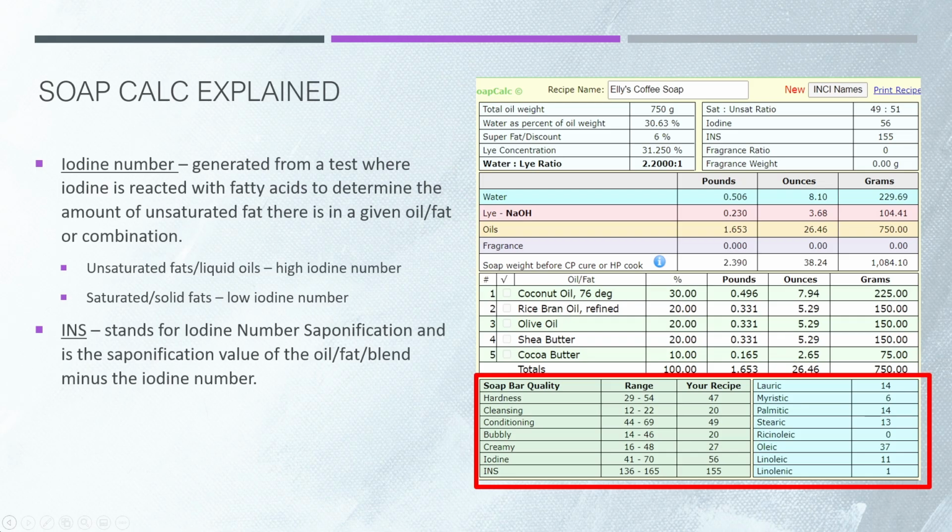To me, that's just going much farther than I need this all to go. And really, these things were designed for commercial soap making, manufacturing. So I don't think the hobby home soap maker or even the small business soap maker really needs to know this stuff. You can look at it if you want to, but that's all they mean.